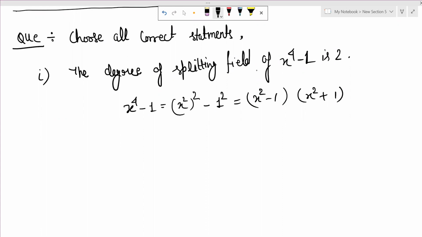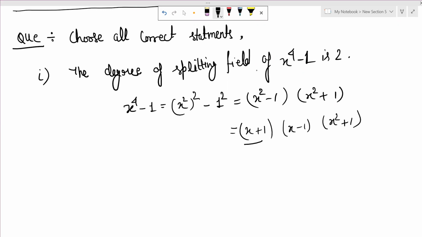So now if you are thinking of writing this polynomial x to the power 4 minus 1 as a product of linear factors, let's see how you can write it. x square minus 1 times x square plus 1. This x square minus 1 you can further reduce: x plus 1, x minus 1, x square plus 1.